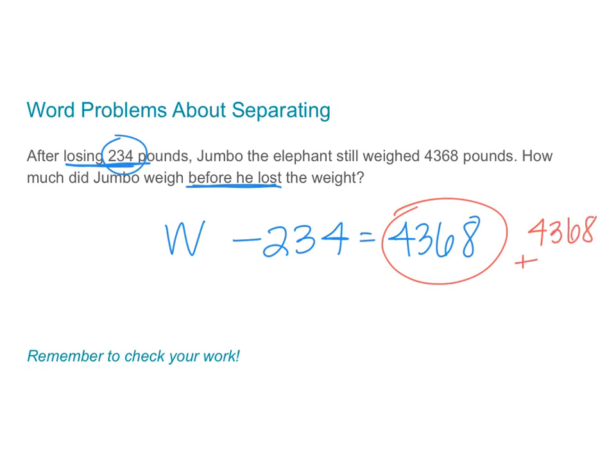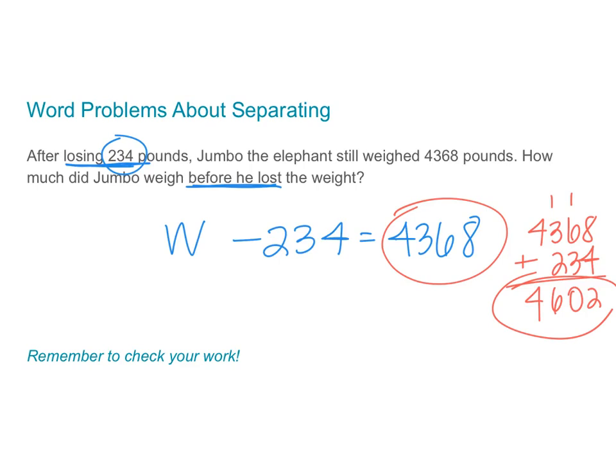We're going to add it to the amount of weight that Jumbo had lost, 234. And when you add it together, you guys knew the answer to this problem. What we were struggling with was figuring out how to write the equation to represent this problem. So the weight that Jumbo was before is 4,602 pounds.